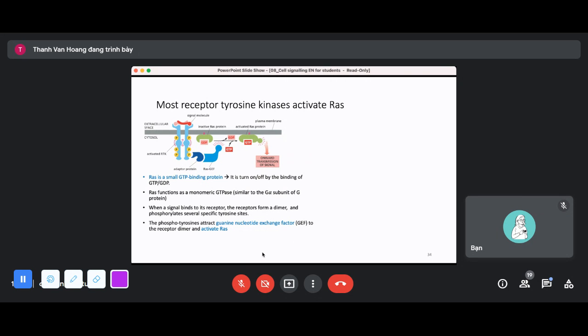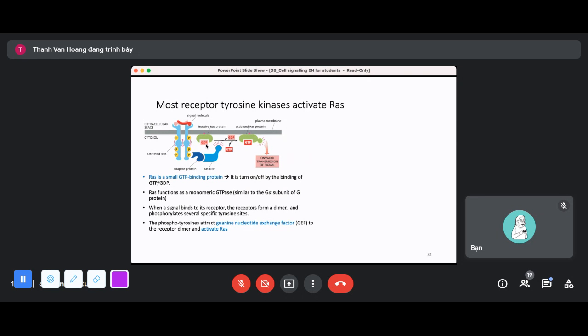So RAS is similar to the alpha subunit of the G protein. RAS is actually a small G protein. It can also bind to GTP or GDP. When RAS is bound to GDP, it is inactive. When it is bound to GTP, it is activated.